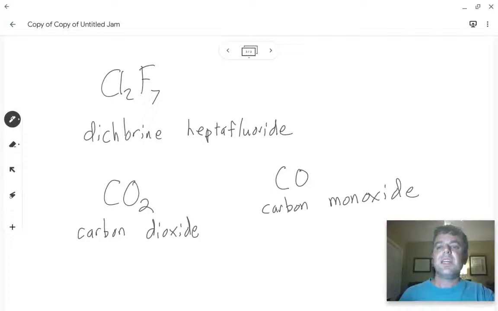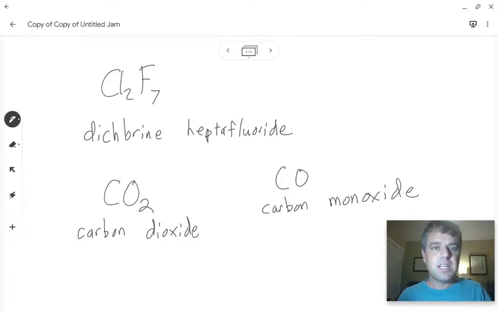And carbon monoxide is a deadly poison. It will bind to your hemoglobin like oxygen does, except it doesn't let go like oxygen does. It essentially reduces the ability of your blood to carry oxygen, and so ultimately it causes you to die. So carbon monoxide, extreme poison.